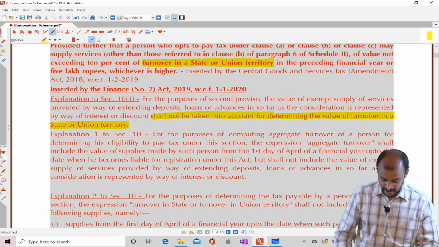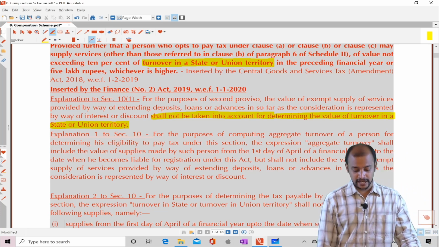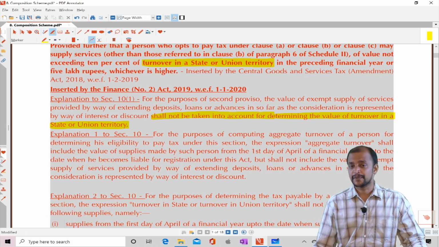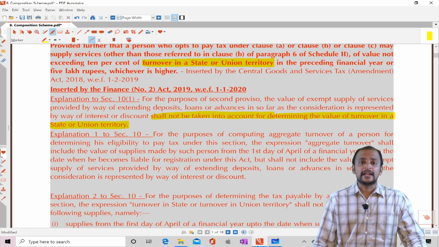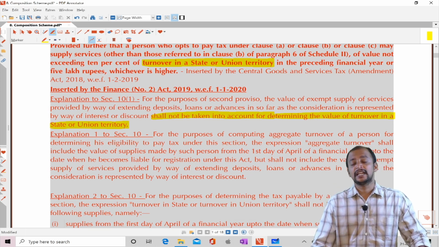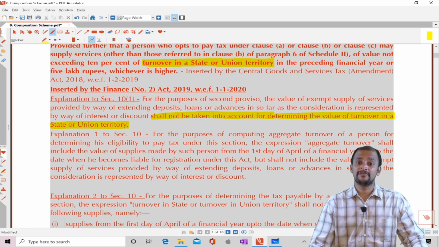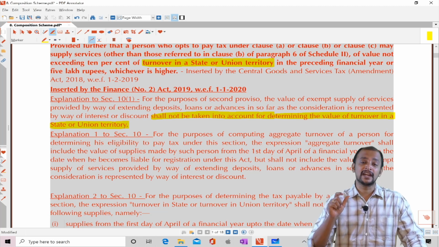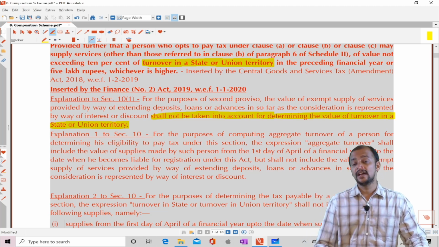So, what does it mean? It means that under this second proviso, you have a limit. What is that limit? 10% of the turnover during previous year or 5 lakhs, whichever is higher. Up to that limit, you can render the services.